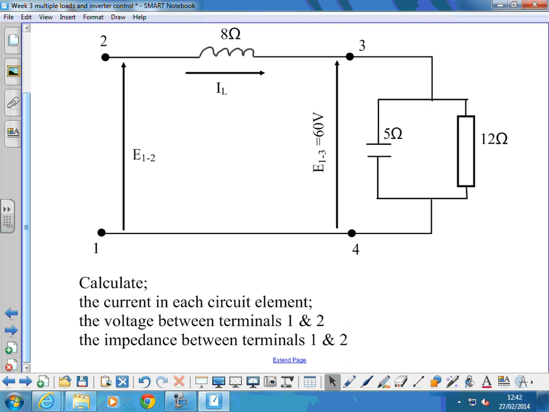So we've been given the voltage between the terminals 1 and 3, but not the ones at the source, and the impedance presented at the terminals 1 and 3. Yeah, that's what we're going to look at doing.